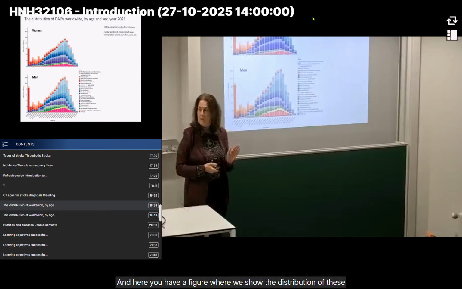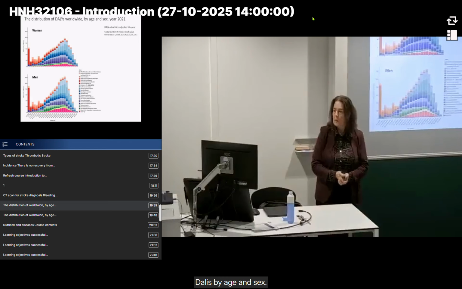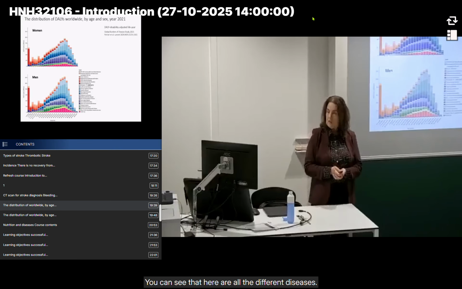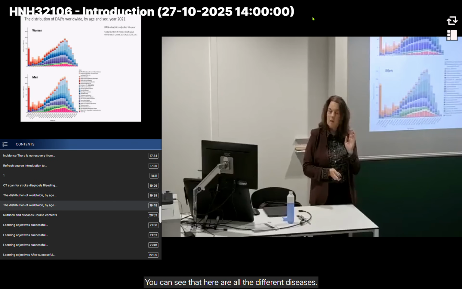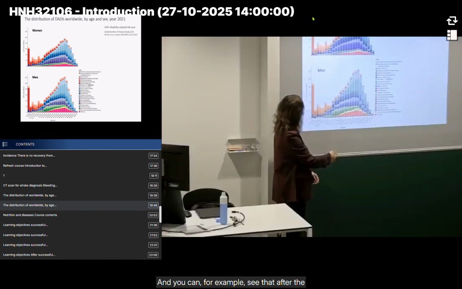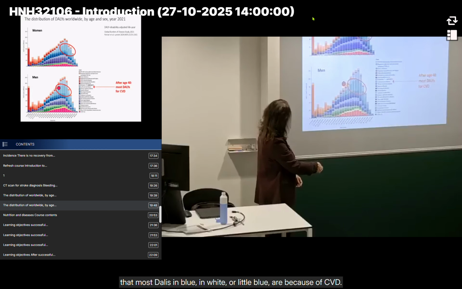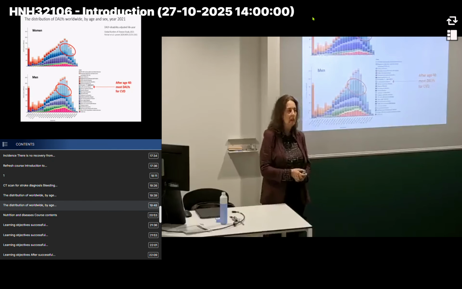And here you have a figure where we show the distribution of these DALYs by age and sex. You can see that here are all the different diseases. And you can, for example, see that after the age of 40, which is here in this period, most DALYs, in the middle blue, are because of CVD.